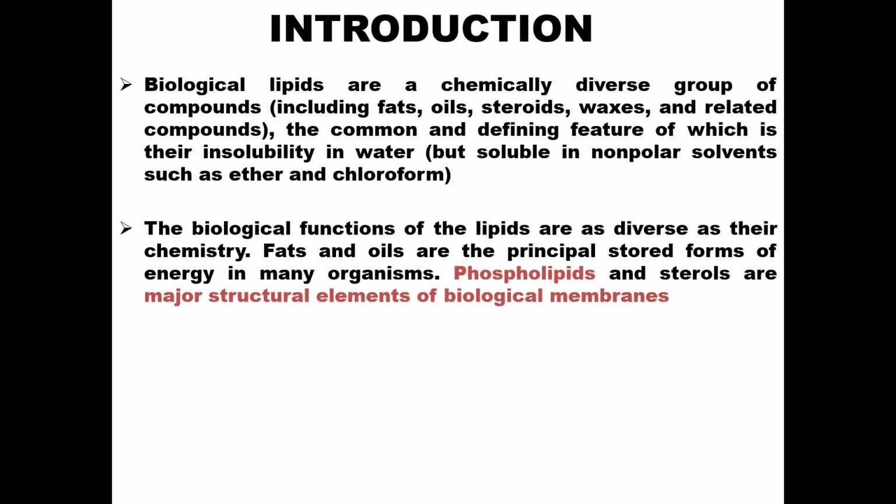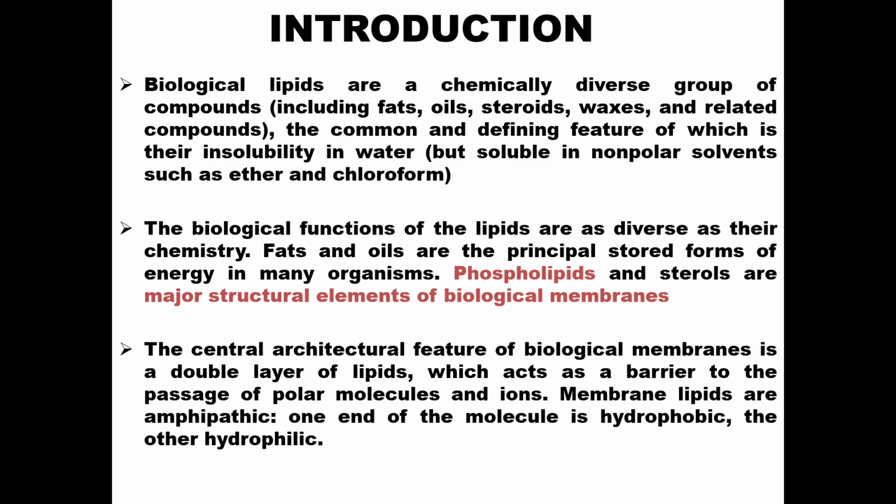We are going to be discussing the components of the cell membrane, of which lipids are the major structural elements. The central architectural feature of a biological membrane is a double layer of lipids which acts as a barrier to the passage of polar molecules and ions.